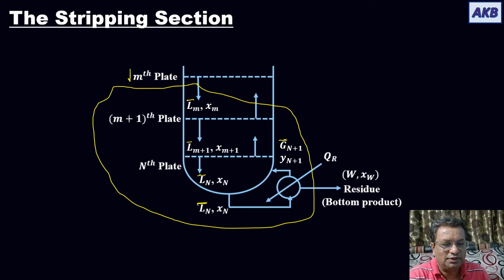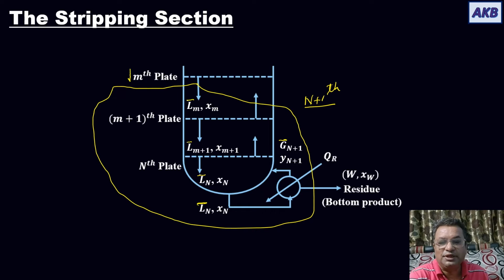So now you can easily understand the reboiler is said to be the N+1 plate, and the vapor rising out of it will have a molar flow rate of G bar N+1 and mole fraction of A in it will be YN+1.